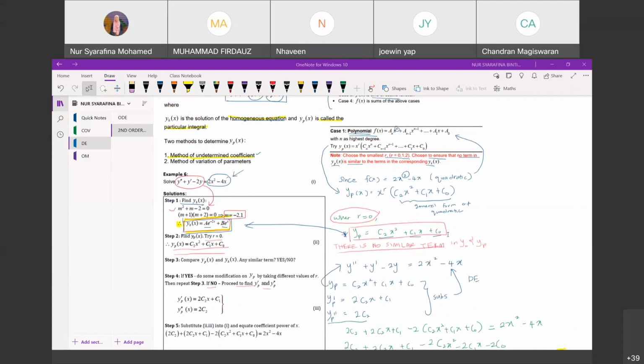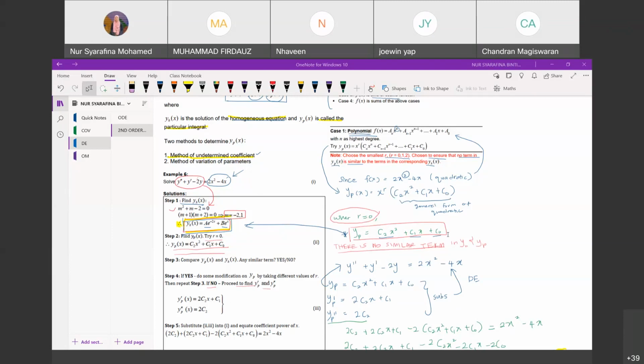So first, what you need to do is what? Find the solution for the homogeneous part: characteristic equation, solve the quadratic, identify the types of roots. Then that is your solution for YH. And then for the second part, check the right hand side function. Is it polynomial? Is it exponential? Is it sine or cosine? Then follow the general form of YP. Then check whether there is any similar term in YH and YP by choosing the values of r from smallest: 0, 1, 2, and so on.